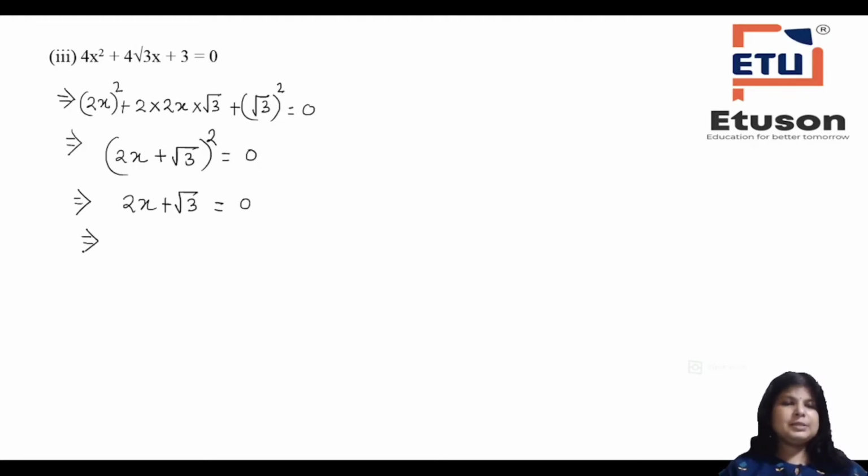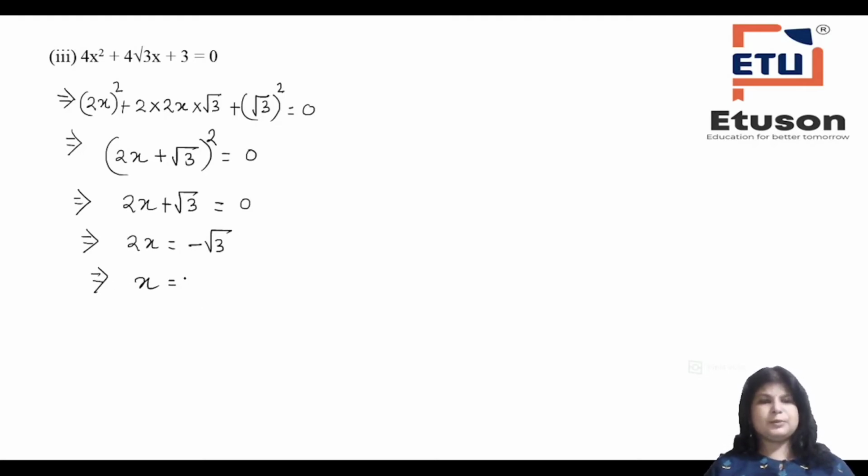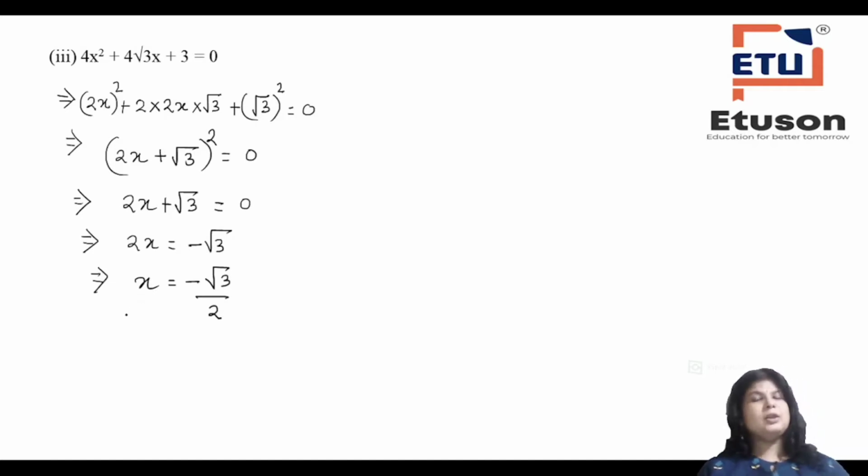It implies 2x is equal to minus √3, and what will be your x value? So the x value is equal to minus √3 divided by 2. Correct or not? If you want to write two roots, because it is a square, in both cases the root of the quadratic equation will be minus √3 by 2 only.